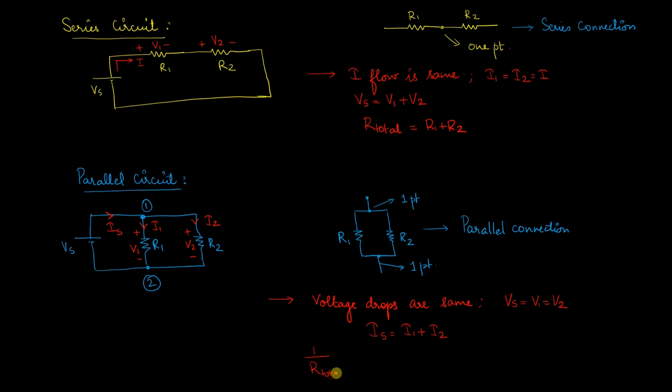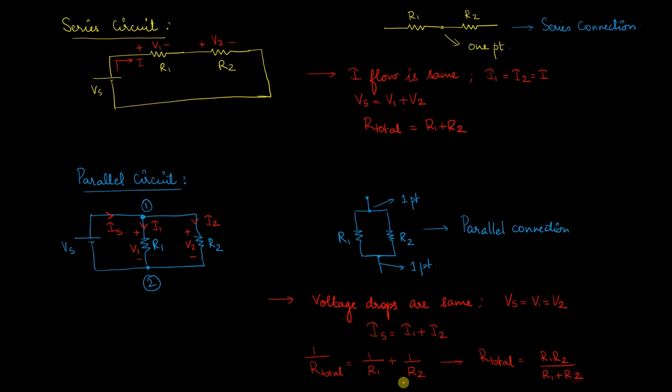Now if you want to compute the equivalent resistance of this parallel circuit, you have to use the equation 1 by R total is equal to 1 by R1 plus 1 by R2. Since only two resistances are present, I can directly mention it as R total to be equal to, cross multiply, and you get R1 R2 divided by R1 plus R2.